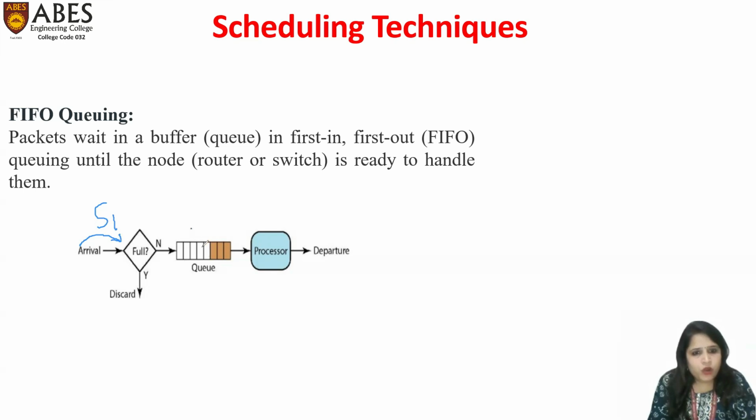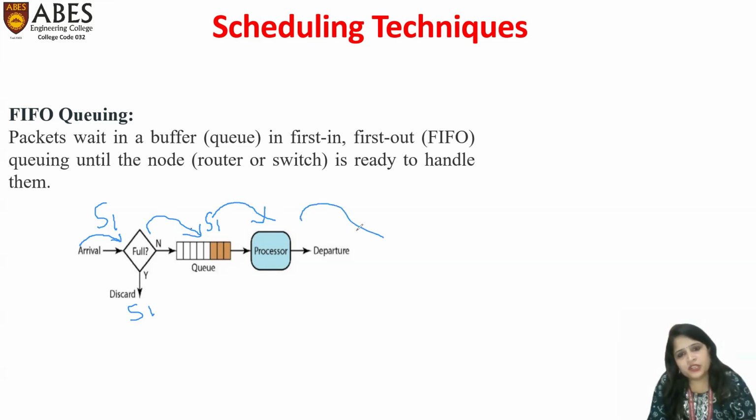If the queue is full, we just discard this segment, right? If the queue is not full, this segment will be added to the queue. Because the queue is a first in, first out queue, the segment will come in this queue and the processor will pick the segments one by one from the top of the queue, and then departure. So this is called FIFO queuing.